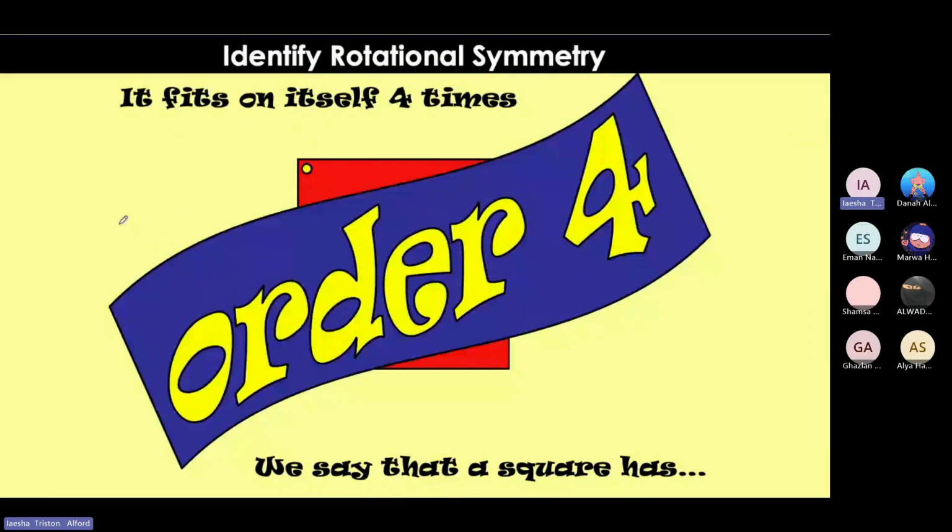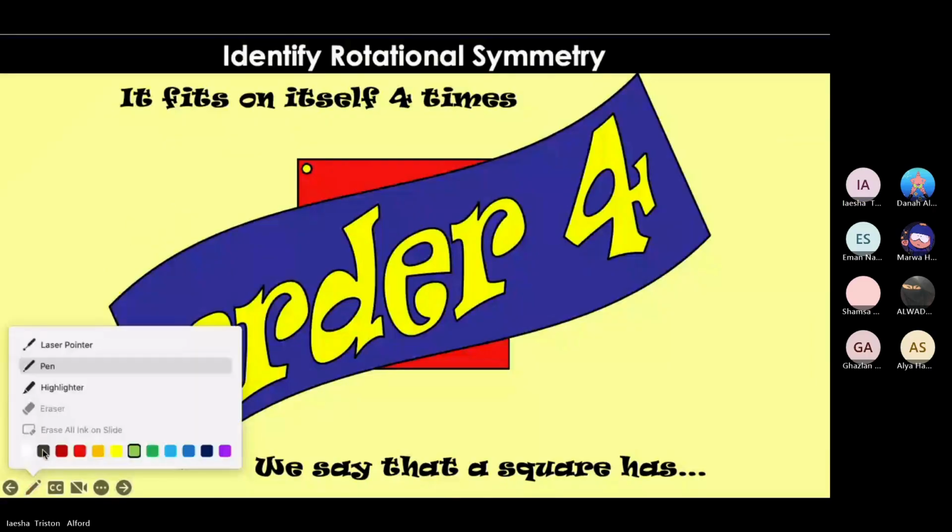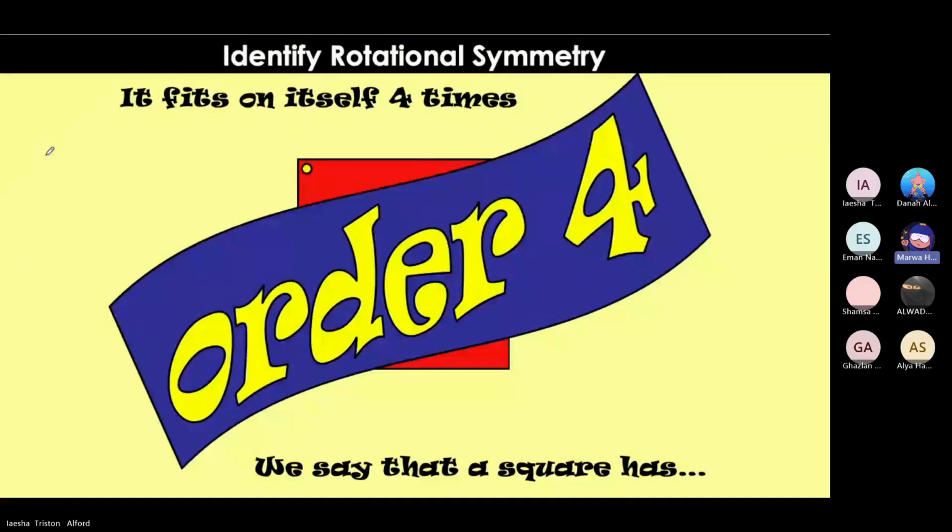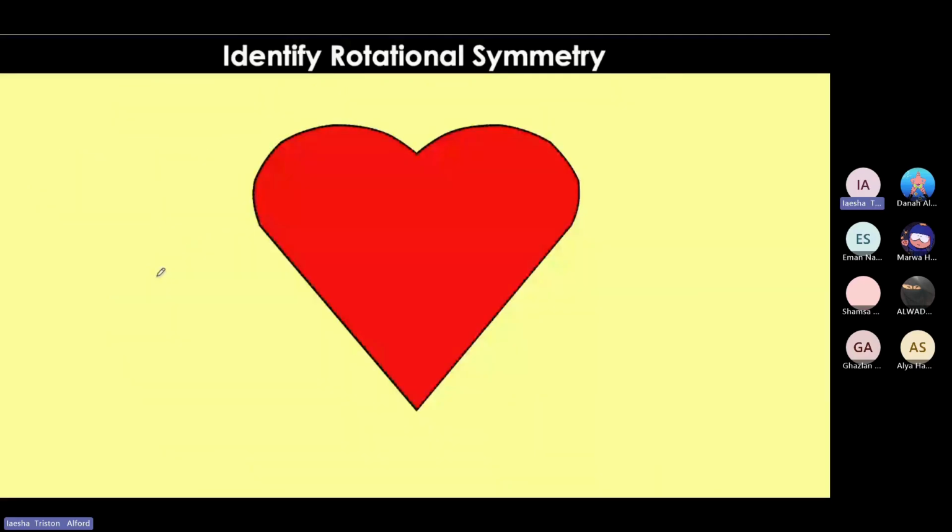The order is 4. What is the magnitude? 90. How? 360 divided by 4 gives you what? 90 degrees.